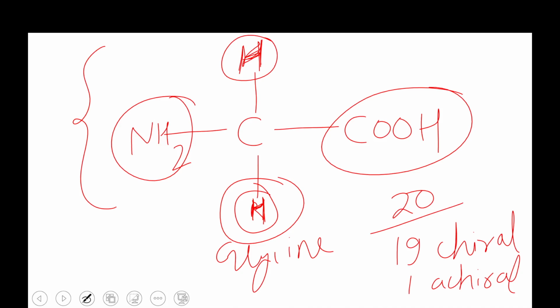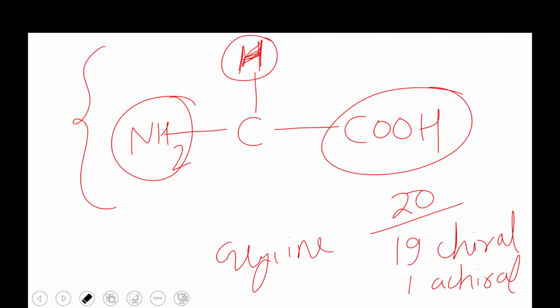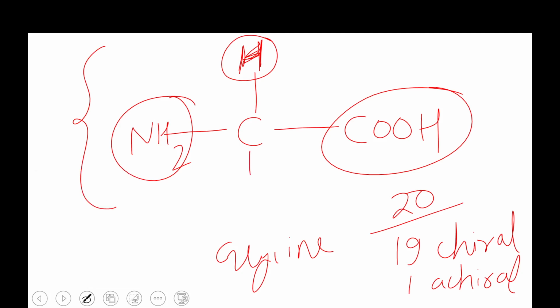If in place of this we have something else, for example a methyl group in place of R, then it becomes alanine. Here you can see four different moieties attached to this carbon, so it is a chiral carbon.